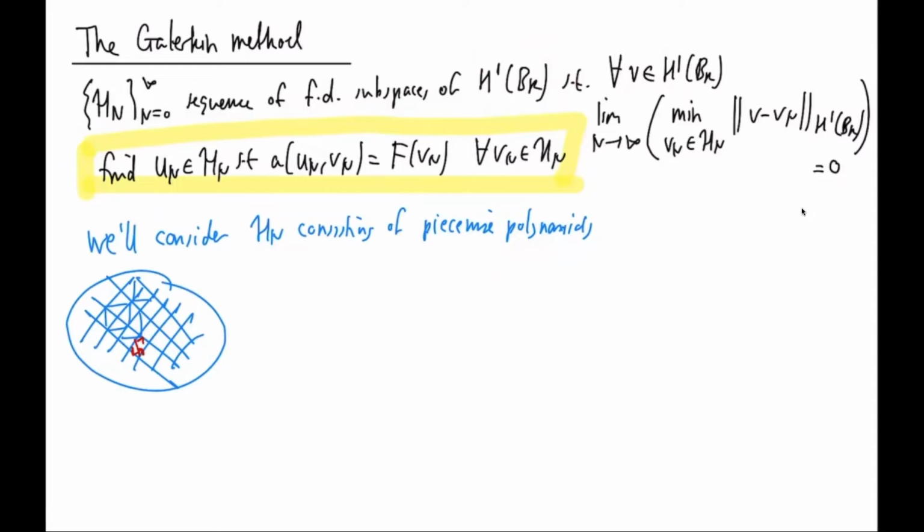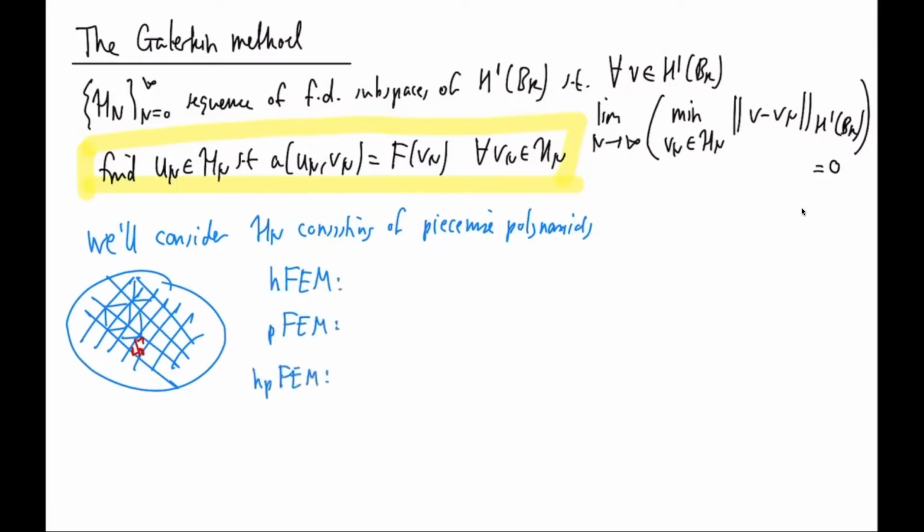I'm going to call the degree of the polynomials p. So I've got the mesh width h and the degree of the polynomial p. Now I have three choices to increase accuracy, and these correspond to the h-FEM, the p-FEM, and the hp-FEM.